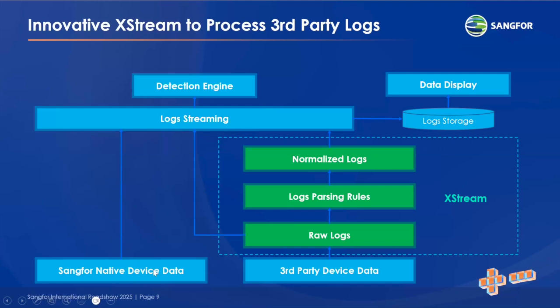With our native device data, all the data go to log streaming and to log storage, and we can display the data with our dashboard. And we also have a detection engine. Once we collect all the logs, we go to the second layer to detect and correlate to find what threat is happening.